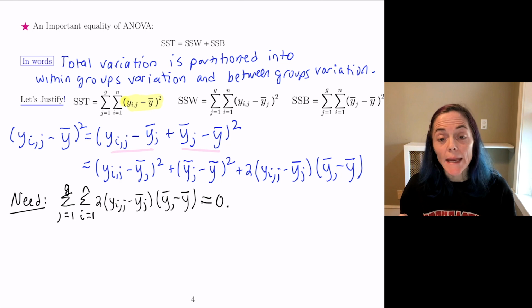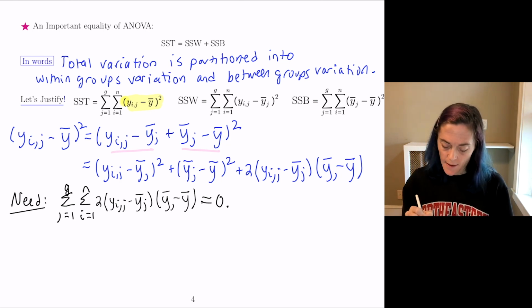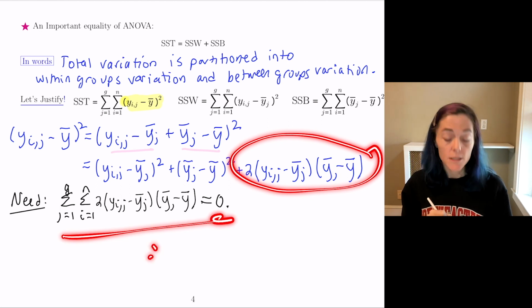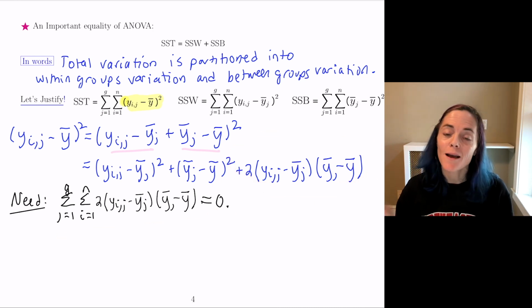I have just rearranged things, but what we need is the sum here to be 0. And then we will have justified that the sum of squares total equals the sum of squares within plus sum of squares between.